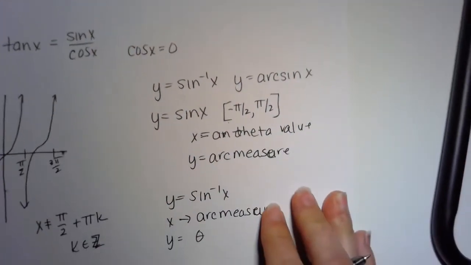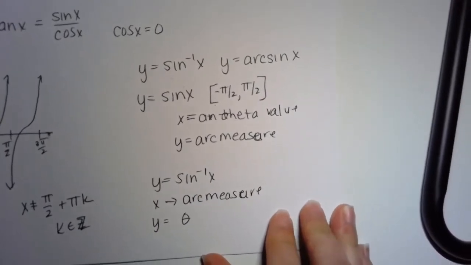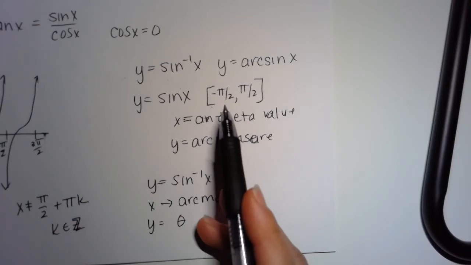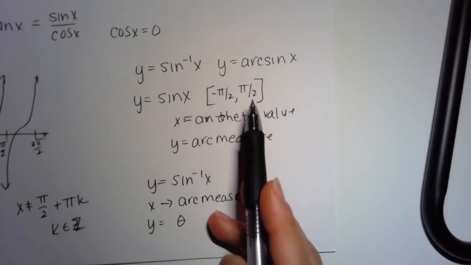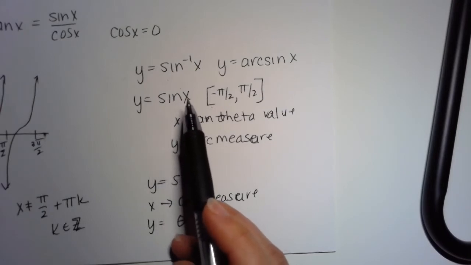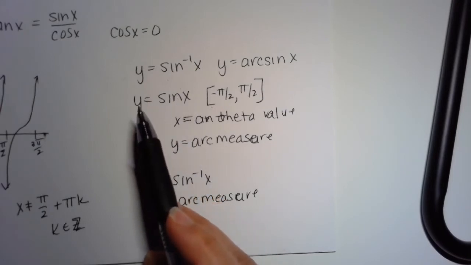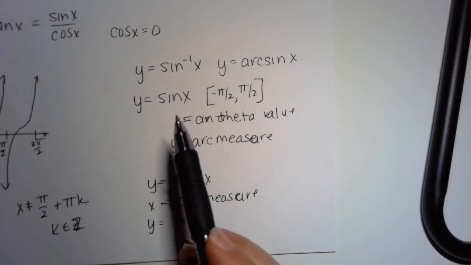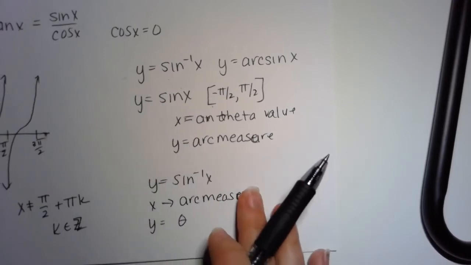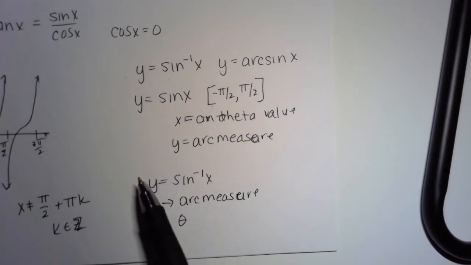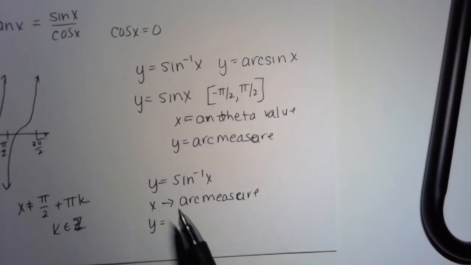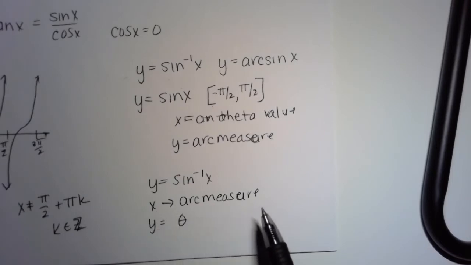So when I restrict sine of x to negative pi over 2 and pi over 2, it has an inverse. Now, normally when I plug in, my x values are theta values, and what I get out is the arc length, which is really the radian measure, because they're really the same thing. And when I use the inverse, as long as I'm sticking to this domain, my x will be my arc measure.